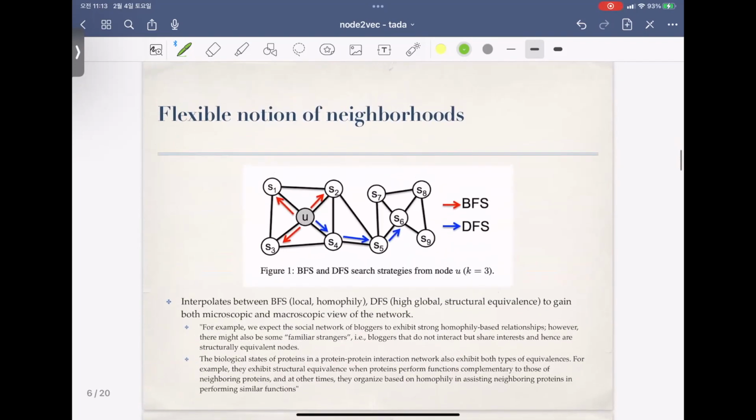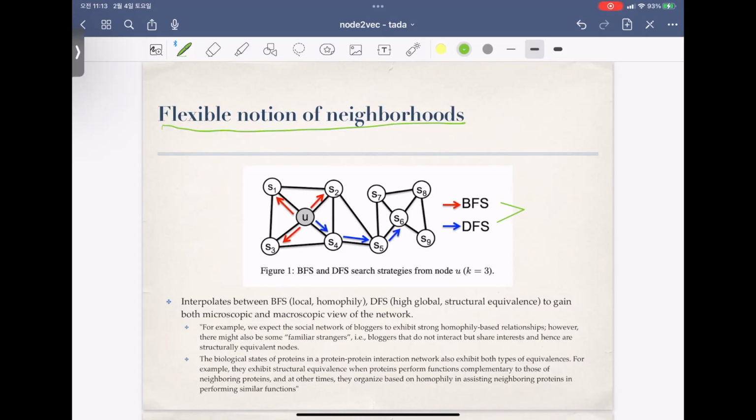So the authors also mentioned that this paper is different from the other previous works in that it has a flexible notion of neighborhoods. Commonly when it comes to random walks, there are two types of search strategies, BFS and DFS. BFS is breadth first search.